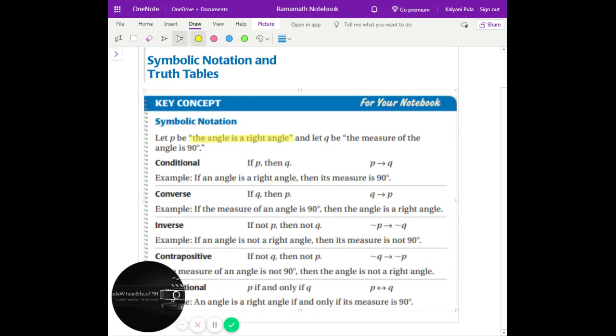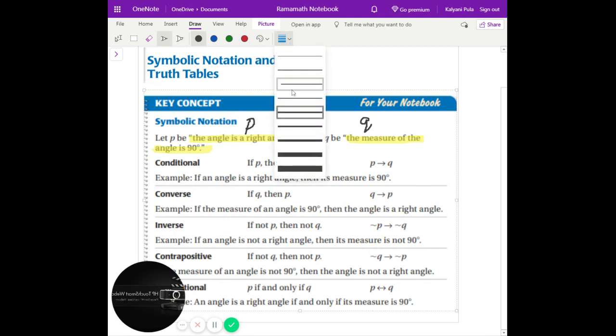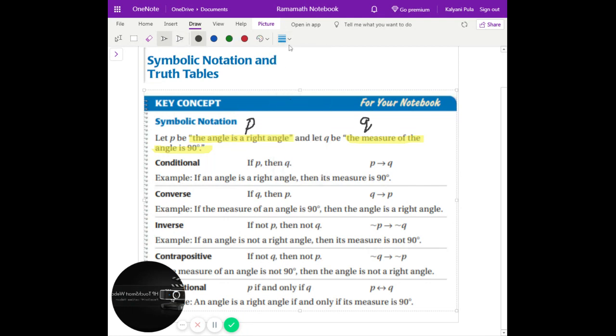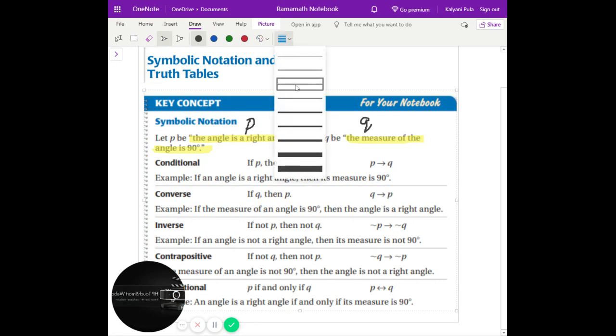If the angle is a right angle, that is the statement P. And the other statement is the measure of the angle is 90 degrees. We can call that Q. So we have two statements, P and Q.